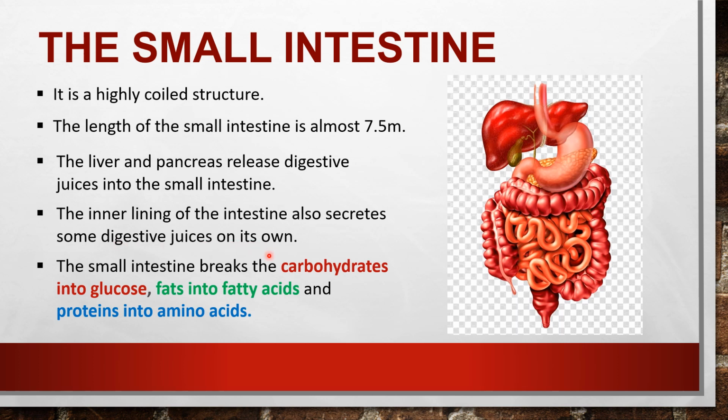The small intestine breaks the carbohydrates into glucose, fats into fatty acids, and proteins into amino acids. It's very important. The function of the small intestine is that when we consume food, that food contains carbohydrates.